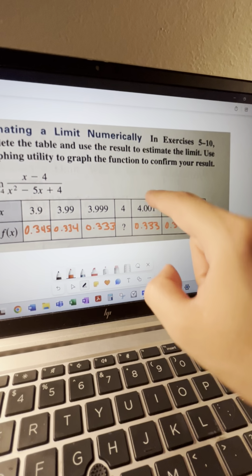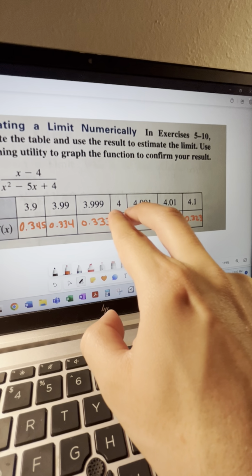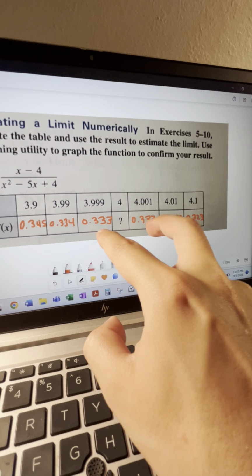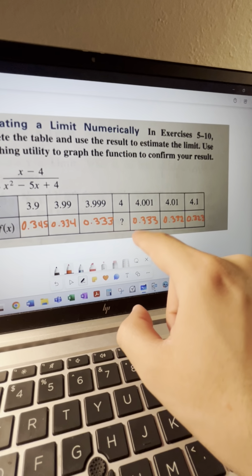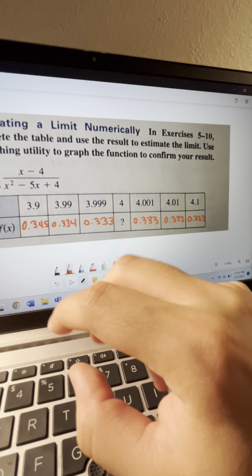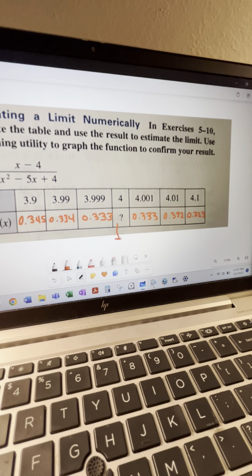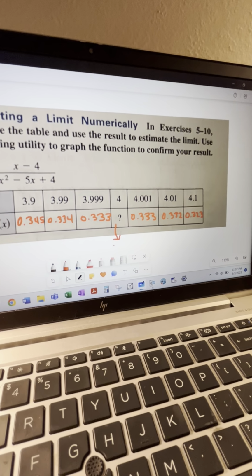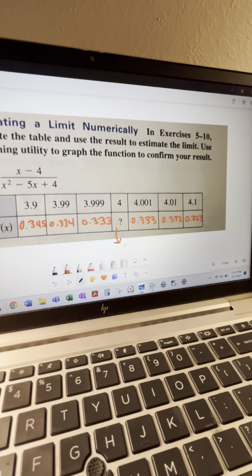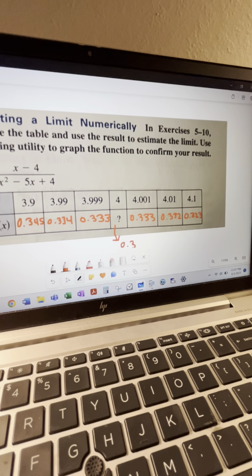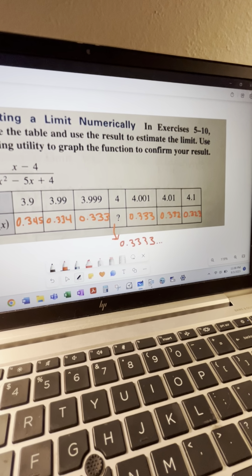Ultimately, what you'll notice is that from the right hand side and the left hand side, when you get super close to x equals 4, it'll actually get really close to 0.333333. So the answer here would actually be, and remember, this is just estimating, but if we get super close to 4 from the left or the right, you'll get 0.3333, and it keeps on going.